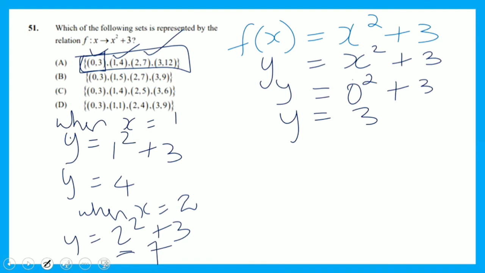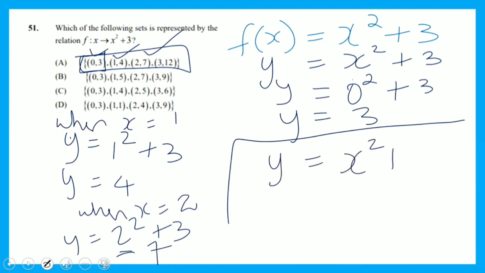So of course, A would have been our final answer. I did say you can do it like that, or you can just check if both sides of the equation give the same result. It's pretty much the same thing that we just did. If you have the original formula, y equals x squared plus 3, you put in both the values for y and the values for x and see if both sides will be equal.